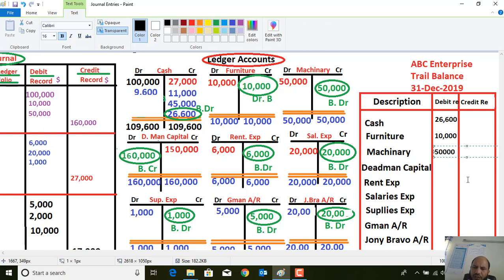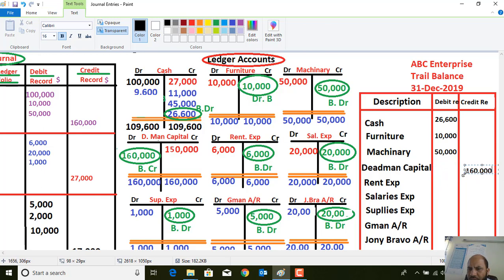So see dear students, now we will record the Deadman capital. The Deadman capital is 1,60,000 rupees. If you see the ledger, we have 1,60,000. So please write down the 1,60,000 rupees at the Deadman, but this amount is a credit amount.